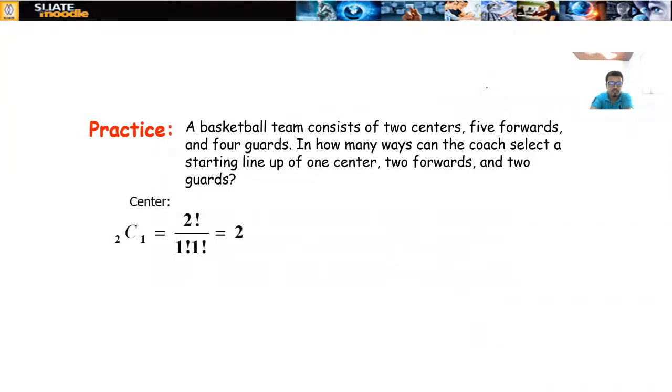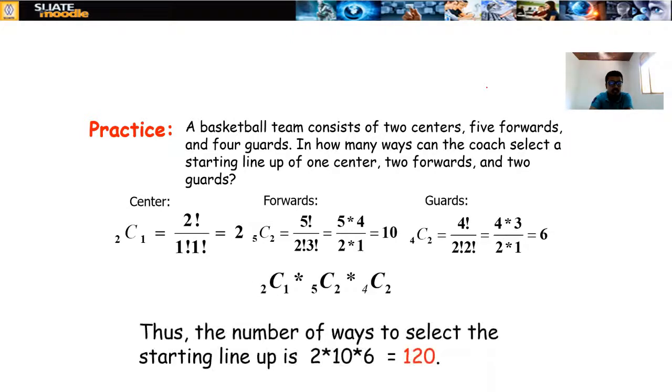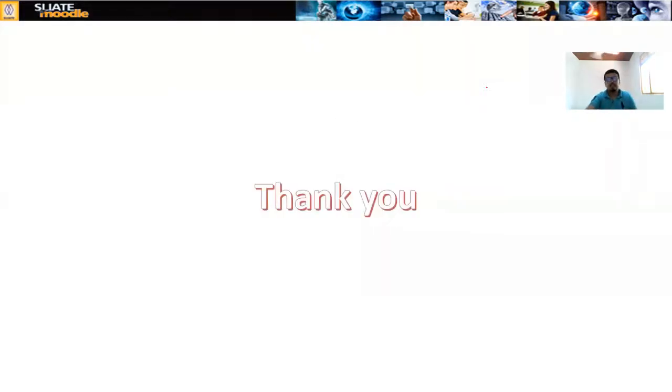Yes, we need to select one center out of 2, 2 forwards out of 5, and 2 guards out of 4. So altogether it should be 120 options. Right, so with that we have finished our chapter number 2.